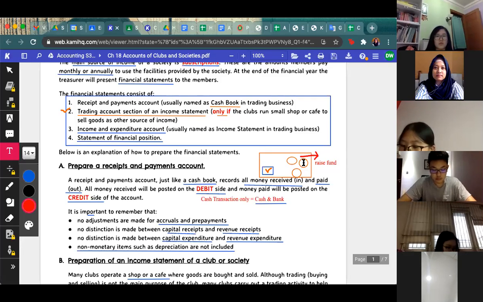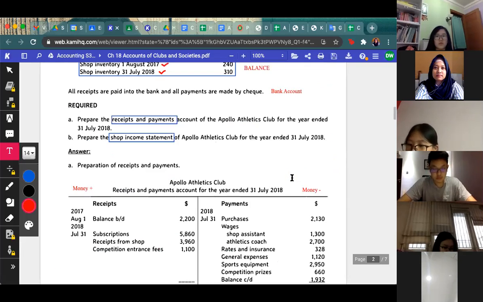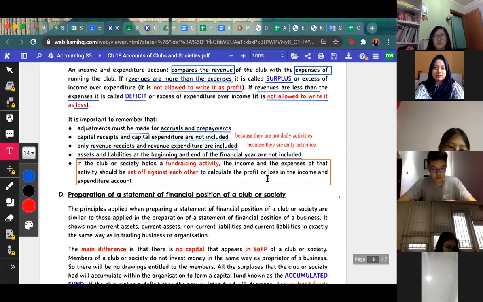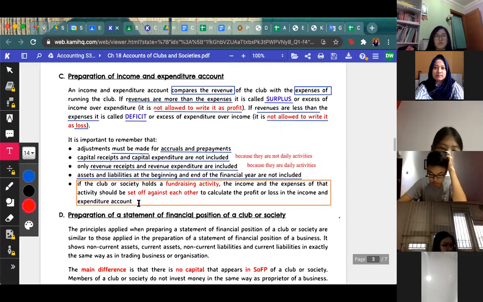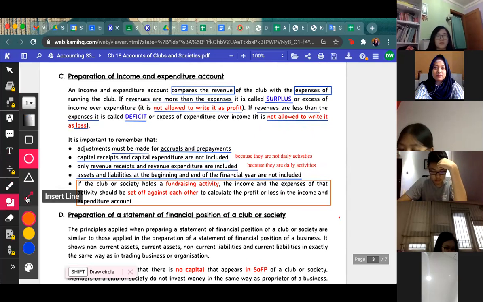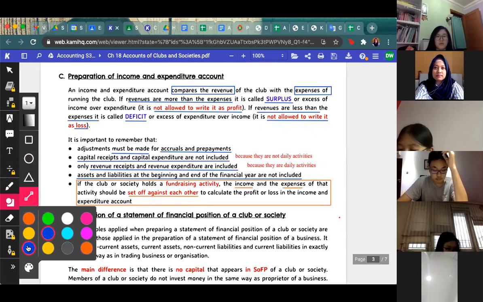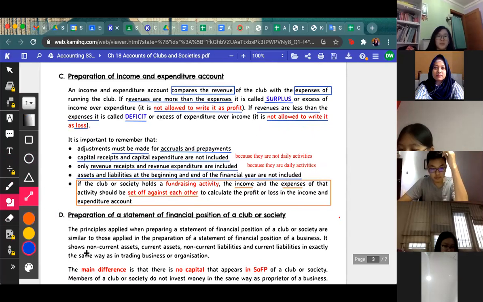Now that income and expenses must be paired together, cannot be separated. So that's what is meant by the sentence: if the club or society holds a fundraising activity, the income and the expenses must be set off against each other. Okay, so it has to be paired. Yeah, I will show you in the example after this.